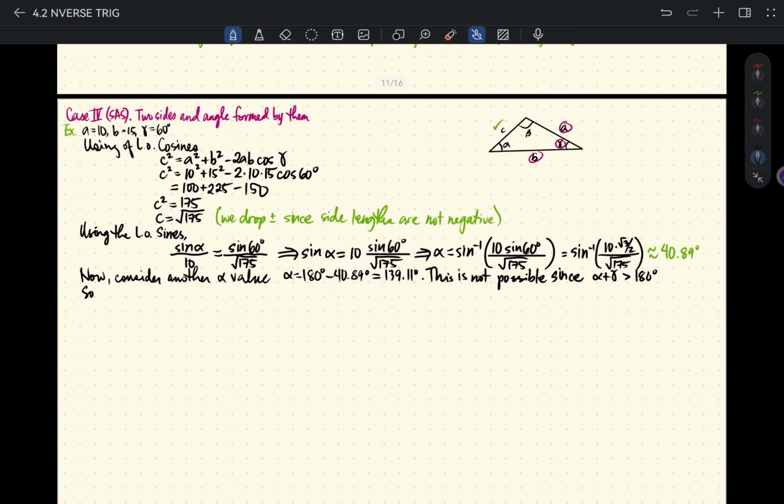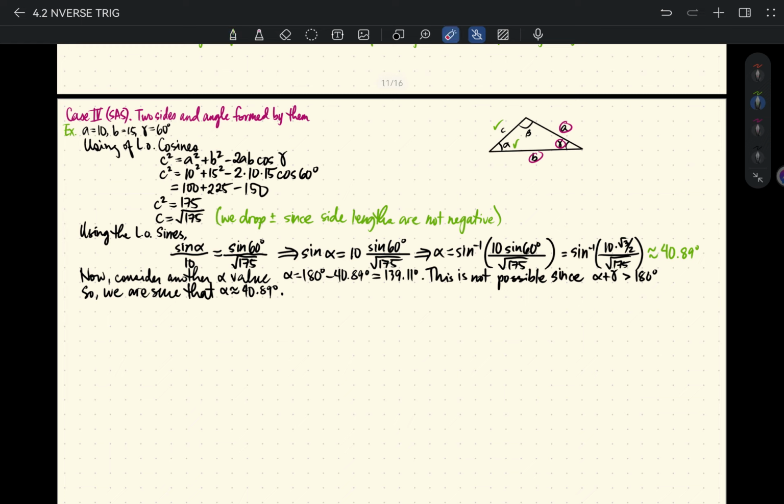So we are sure that alpha is approximately 40.89 degrees.